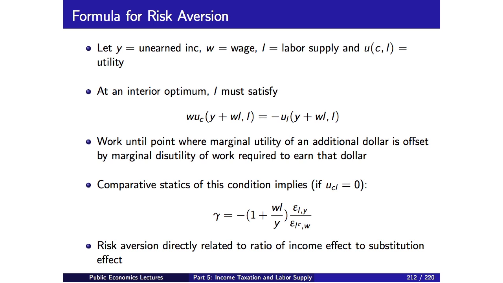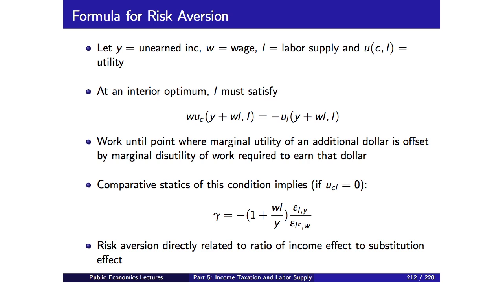At an interior optimum, we know that you have this usual first order condition. Just assume a static model here; everything works in a dynamic model, which is what's shown in the paper. So L has to satisfy this condition here, where the marginal utility of earning $1 more, which is given by the wage times the marginal utility of consumption, equals the marginal disutility of supplying that 1 more hour of labor.